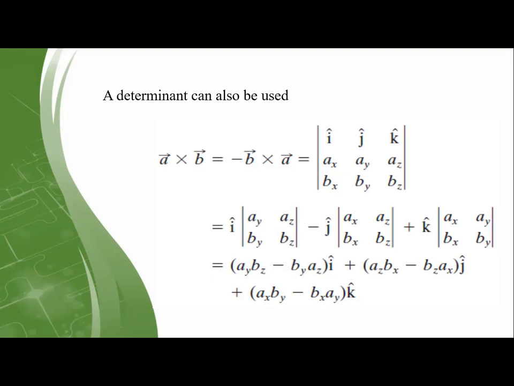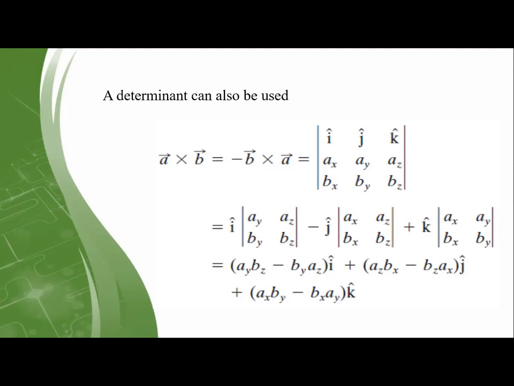For the second one, we again remove the row and the column containing j, but here don't forget to put a minus for the j component. And the remainder will be a determinant AX, AZ, BX, BZ.